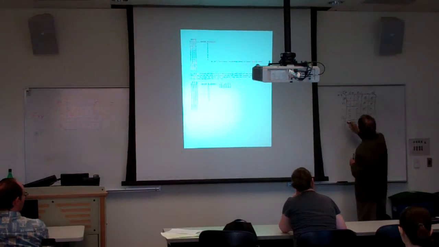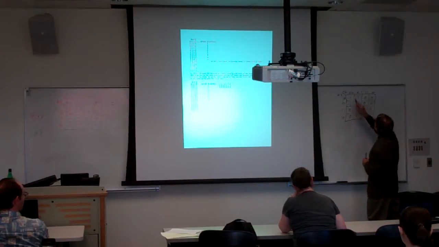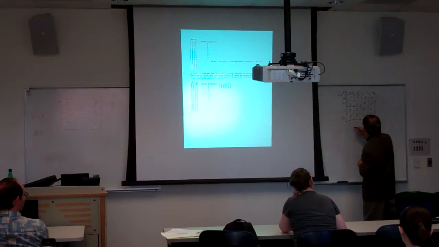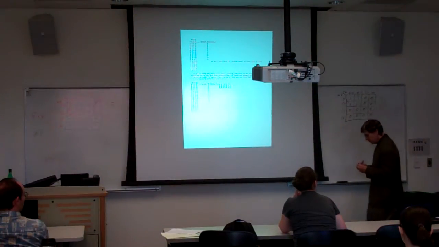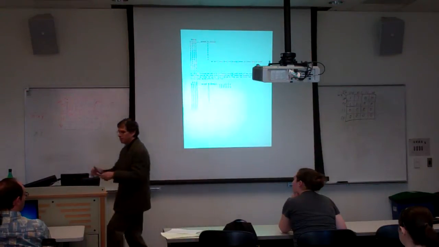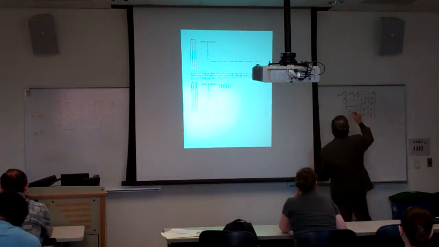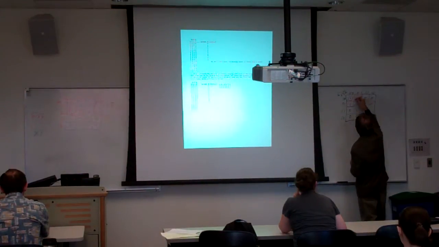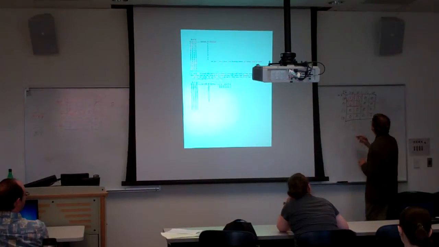And so W is 0, X can be 0 or 1, Y is 0, and Z can be 0 or 1. Okay, that's one way to cover it. If you wanted to, you could cover this with 4 rectangles.